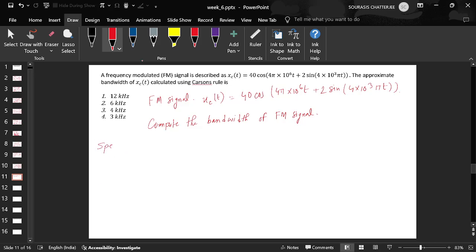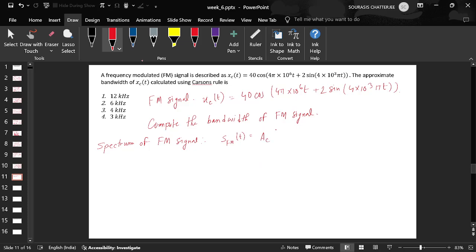So first we need to consider the spectrum of the FM signal. And what is the standard expression for an FM signal s_FM(t) for a sinusoid modulated message signal?